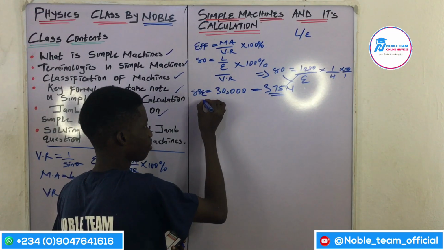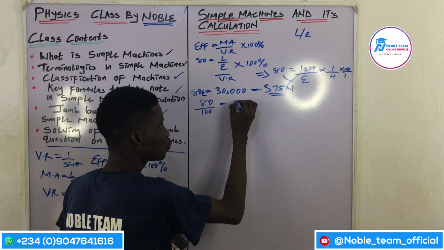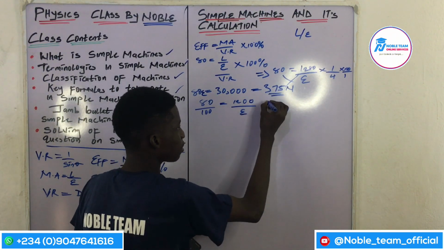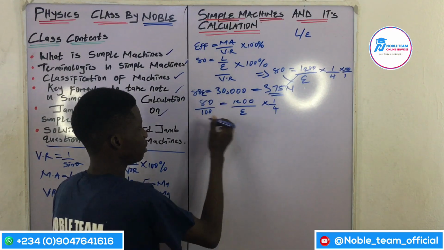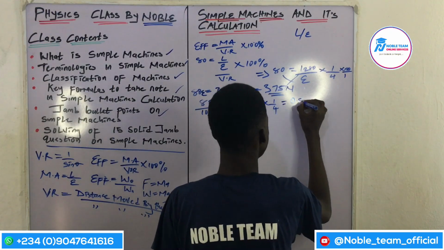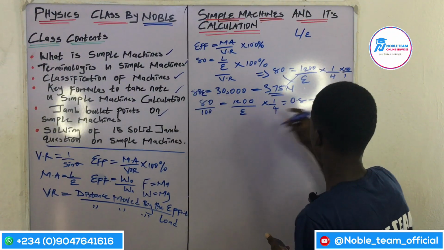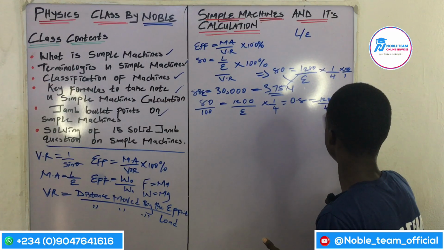Since efficiency is 80 divided by 100, that equals 1200 divided by E, multiplied by 1 over 4. So I have 0.8 equals 1200 divided by 4E.